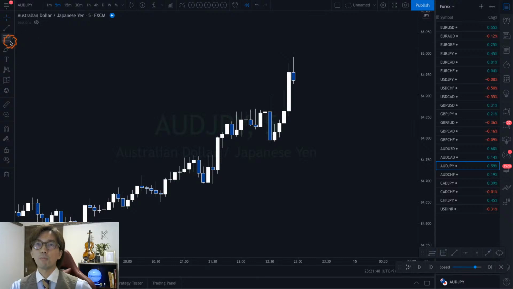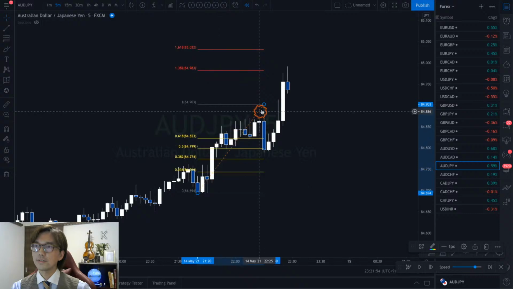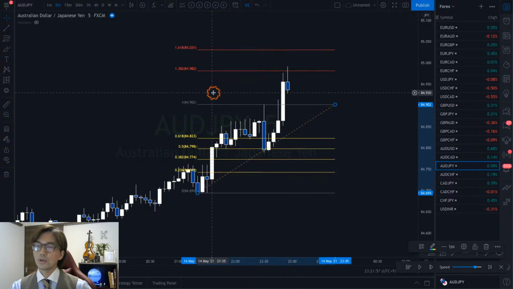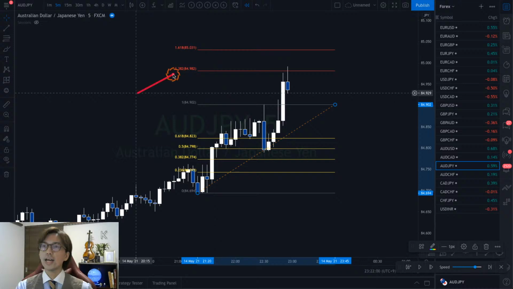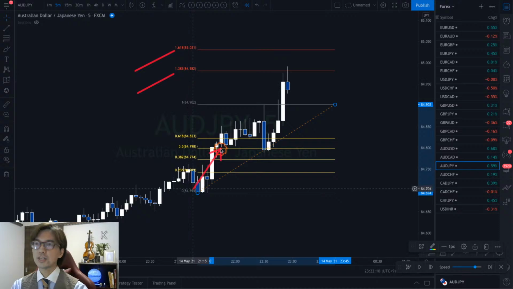So I go backwards against the trend, and I add 2 levels. One is 138.2% and the other one is 161.8%. I add these 2 lines and these are called the Fibonacci extension, so that when the market goes up on the bullish wave, it goes up to one of these levels.